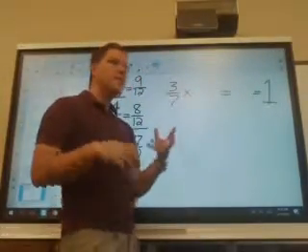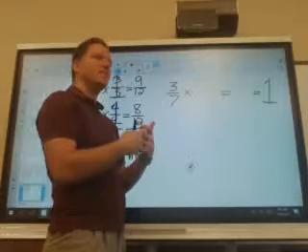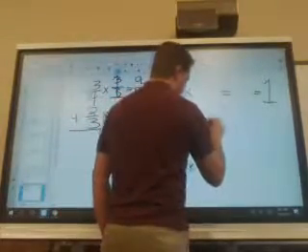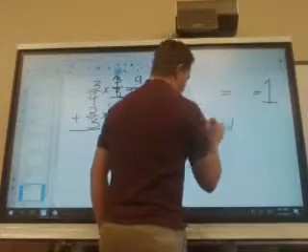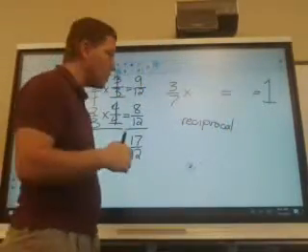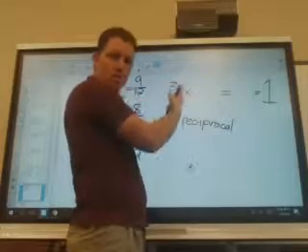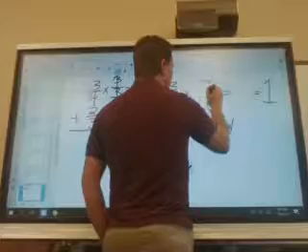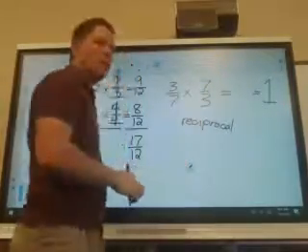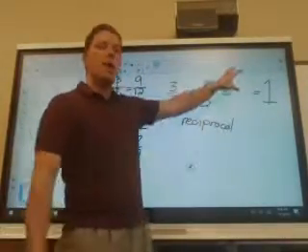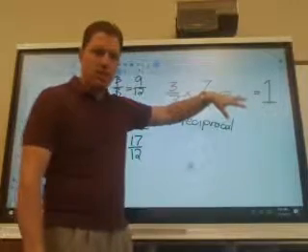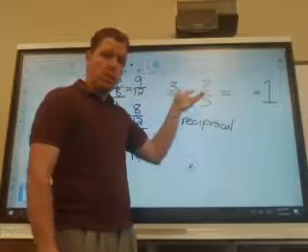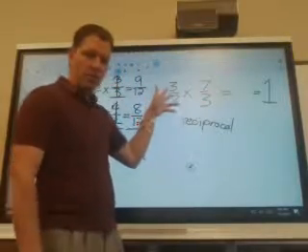Which is, opposite's kind of a funny term in that because it's not really an opposite. We call it here a reciprocal. Okay? That reciprocal is really just this thing flipped over, okay? And that's the simplest way to be able to be thinking about it. Because I want to get the same number on top as I do on bottom, okay? And doing that, this is the simplest form of it, is just flipping that fraction.